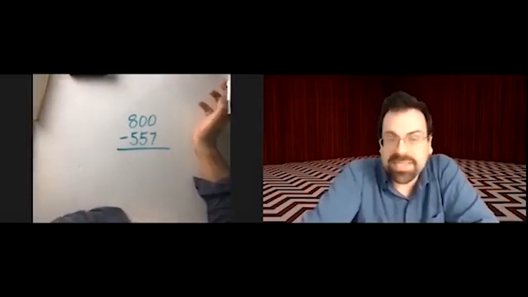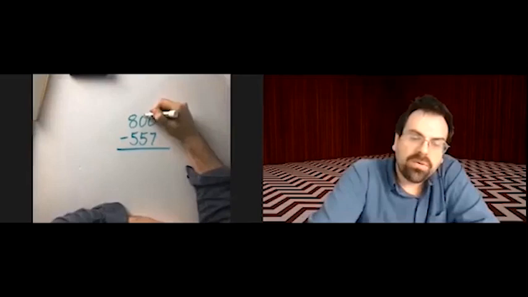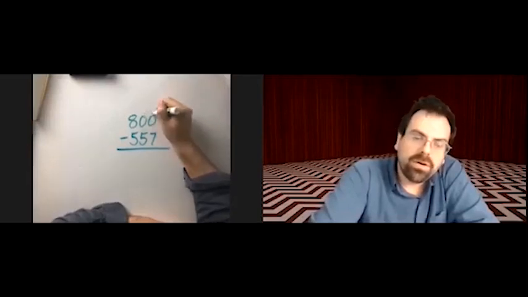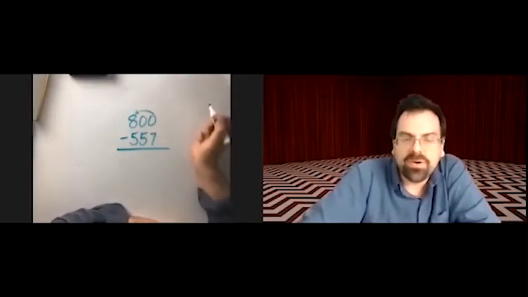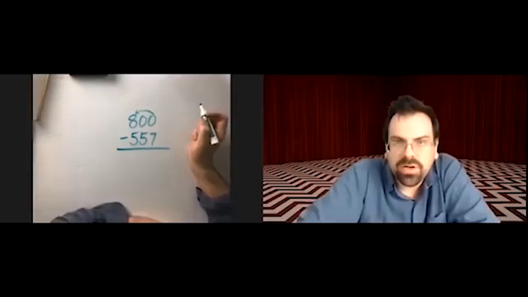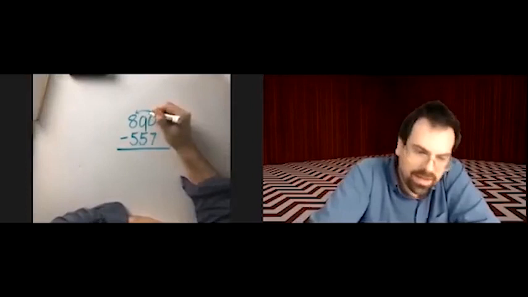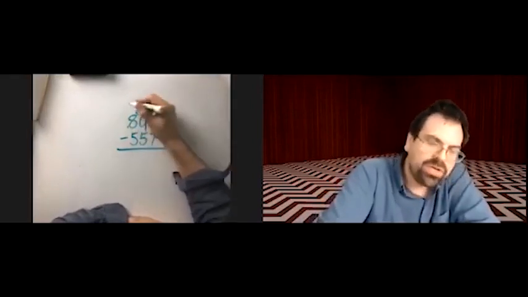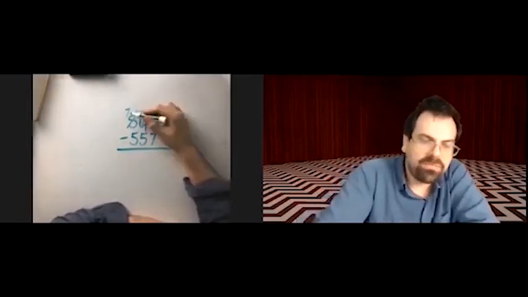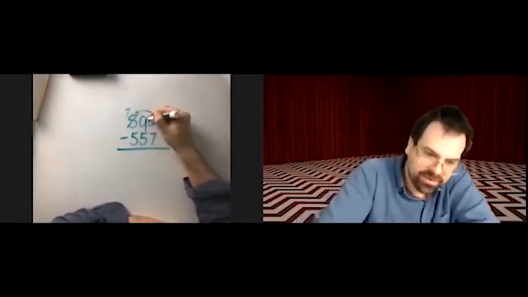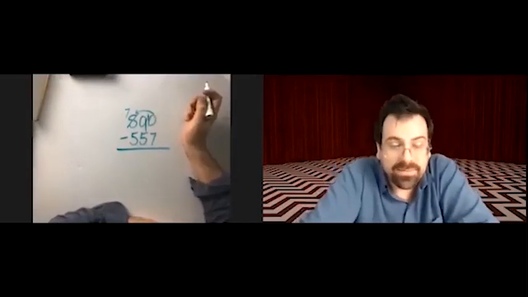So here's how I like to explain it. When we have to borrow, but it's a 0, we jump over all the zeros, and any 0 we jumped over becomes a 9. What we jumped over to is what we borrow from, so the 8 becomes a 7. And since we borrowed that 1, it ends up over here, turning that original 0 into a 10.